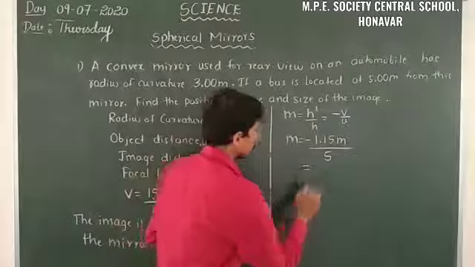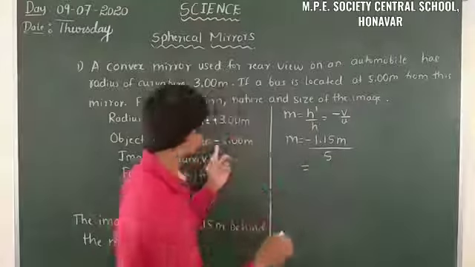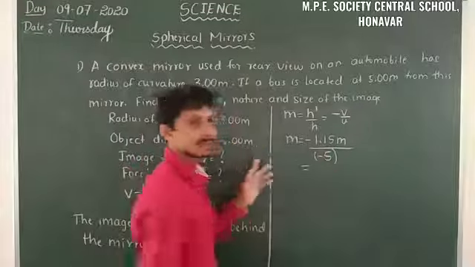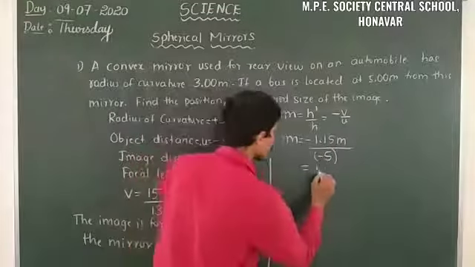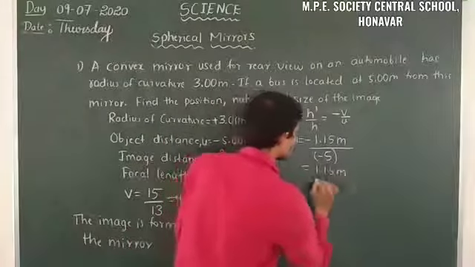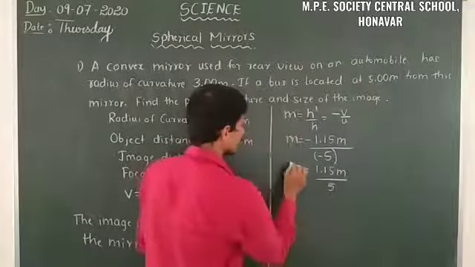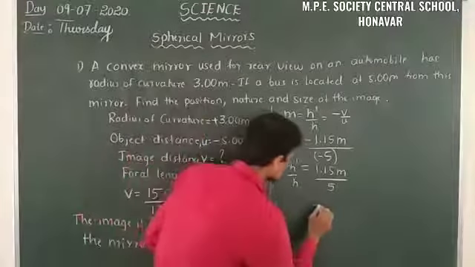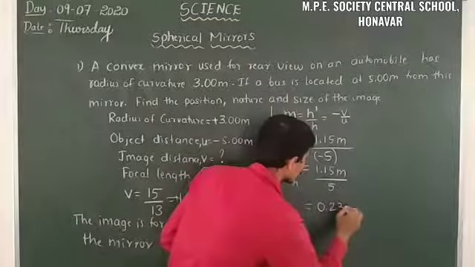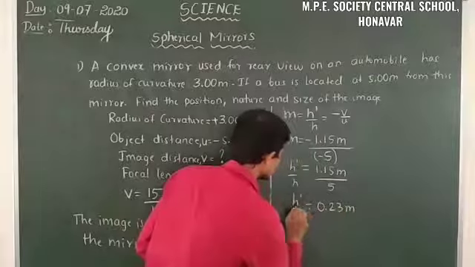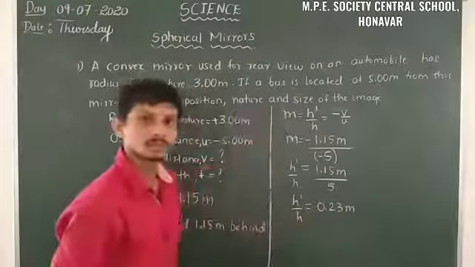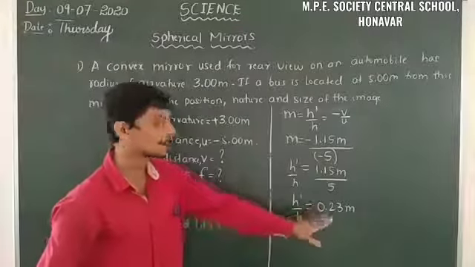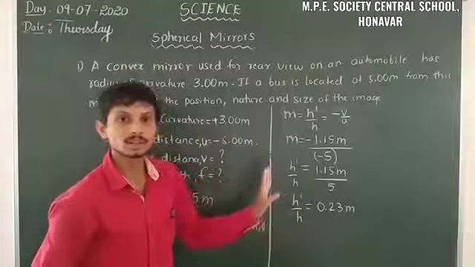Just observe here, it's a minus 5. So minus and minus cancel here. That means 1.15 meter by 5. So h dash by h is equal to 0.23. That is, the ratio of h dash by h is equal to 0.23 here.